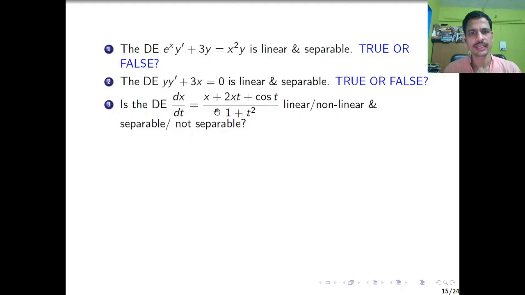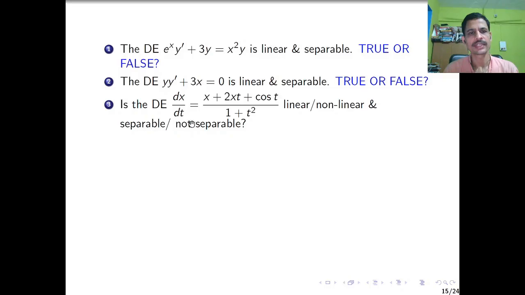You can rearrange so that the coefficient of dx by dt is 1, the coefficient of x is 2t by 1 plus t square, and then you have a function of t which is cos t divided by 1 plus t square. So this equation with dependent variable x and independent variable t is linear.